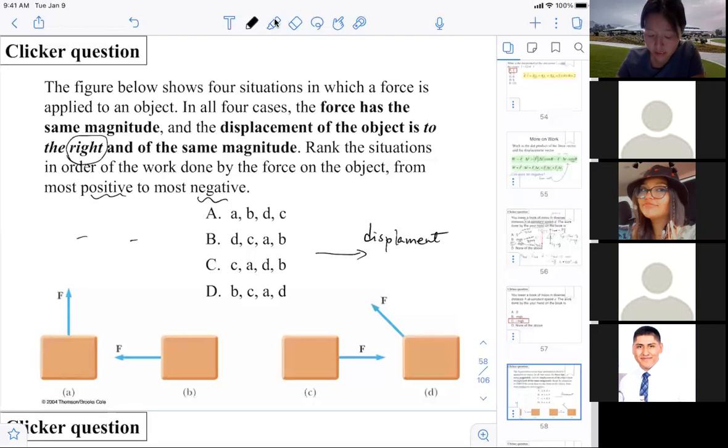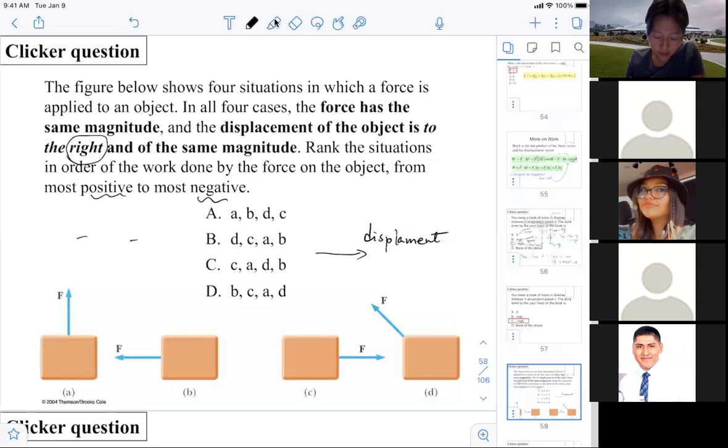Is it C? Yeah, the one where all of its components are in the direction of the displacement. Very good. C would be the most positive.